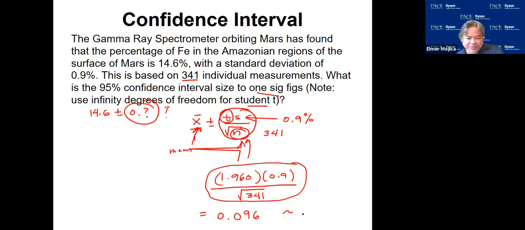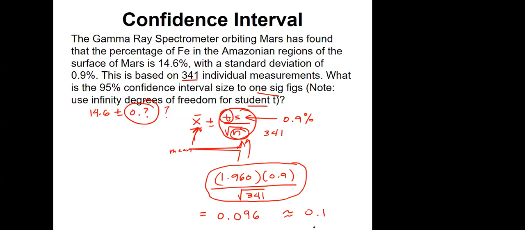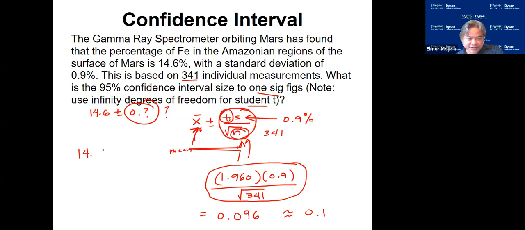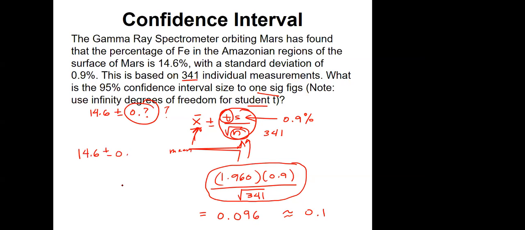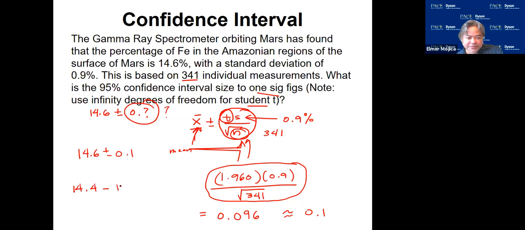So you round this up to 0.1. So this will end up as 14.6 plus or minus 0.1, or a range between 14.5 to 14.7. So that's the confidence interval that you have.